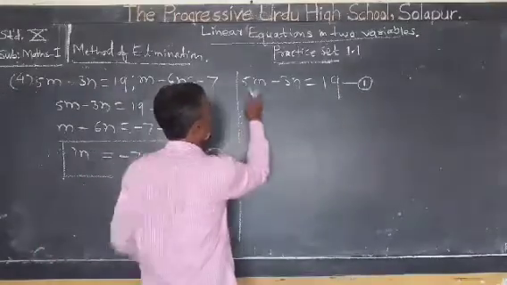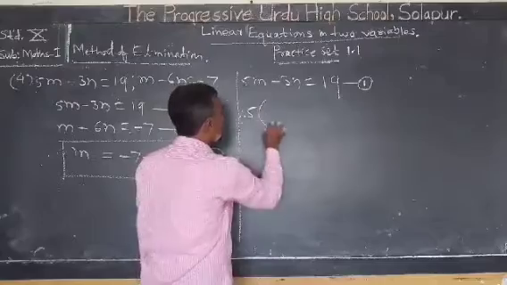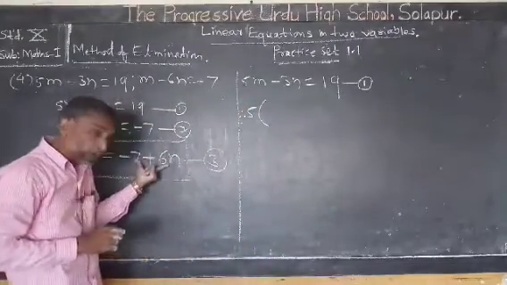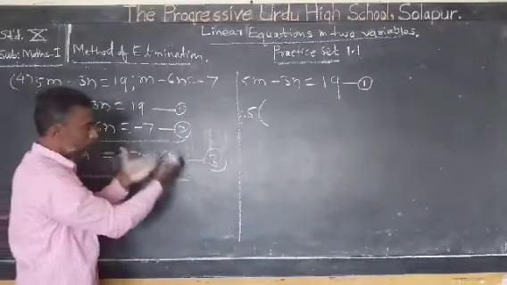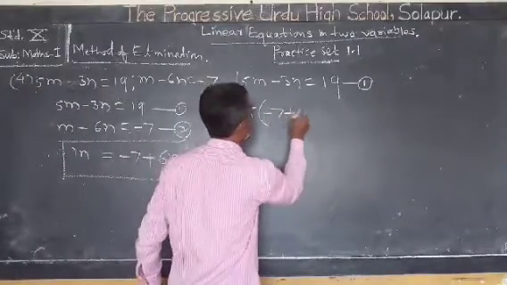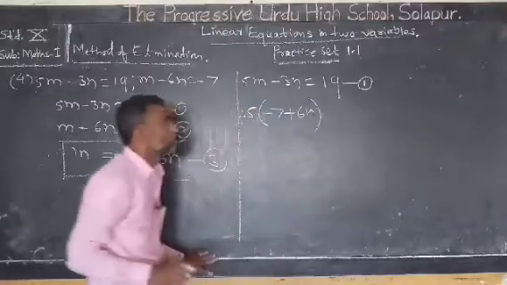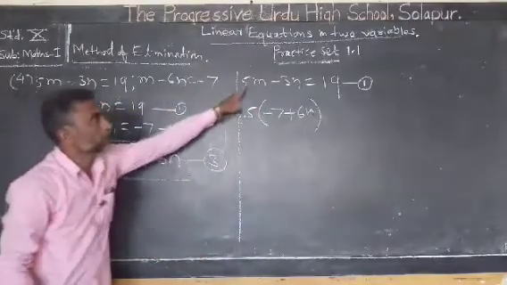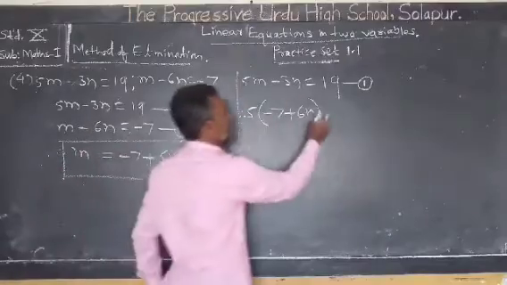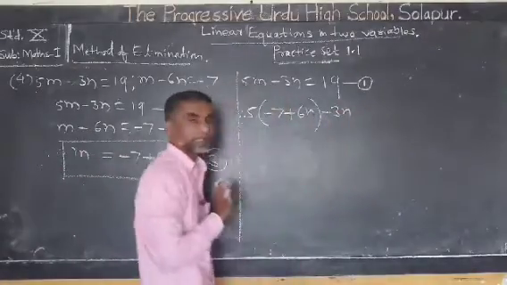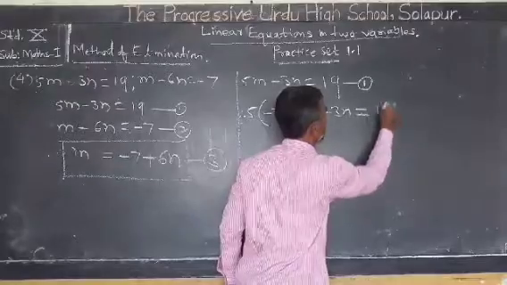Therefore, 5 as it is, and as the value of m is a binomial, write it in brackets: minus 7 plus 6n. Minus 3n as it is equal to 19.